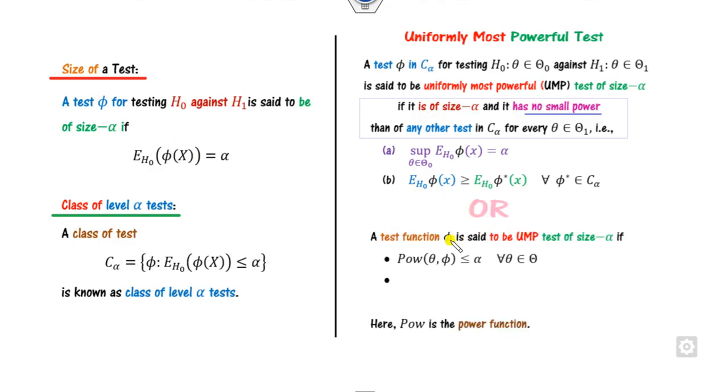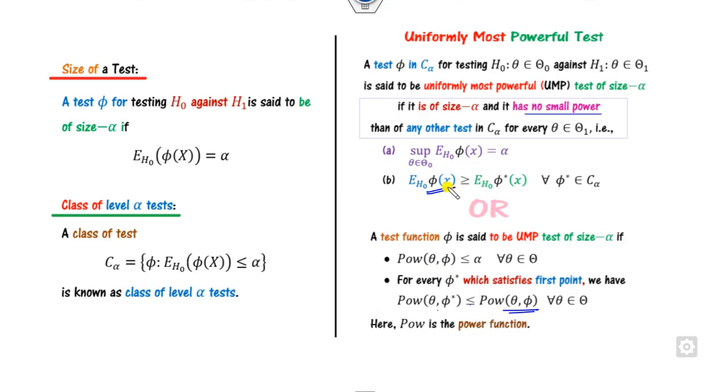Any test function or test statistic phi is said to be UMP whenever this POW is called the power function. As I discussed, the power function is 1 minus beta, that is, the power function is less than or equal to alpha, and for every phi dash, which is another test, such that the power function of this phi is always greater than this. That's the same thing here. This is the second definition.